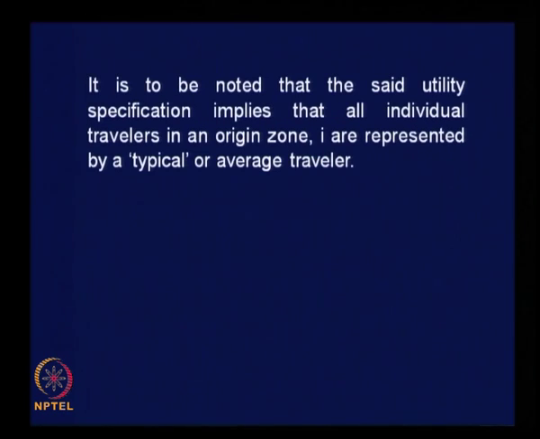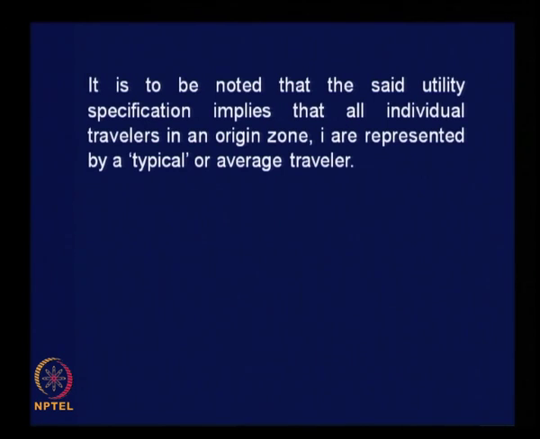It is to be noted that the said utility specification implies that all individual travelers in an origin zone I are represented by a typical or average traveler. There is another issue to be kept in mind.